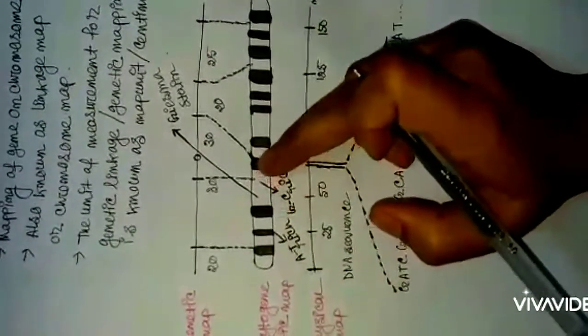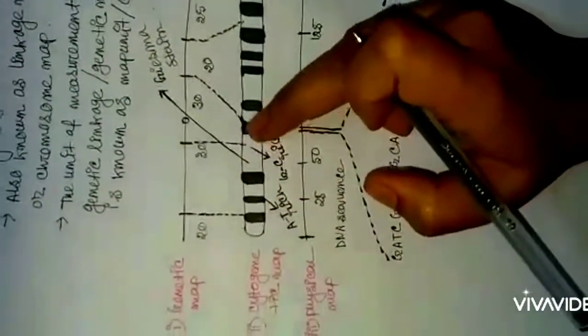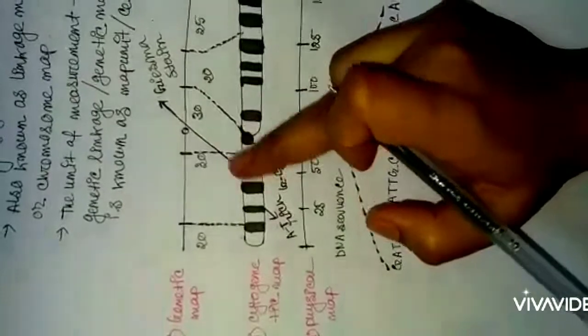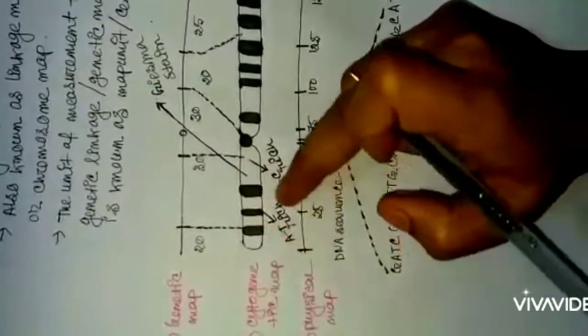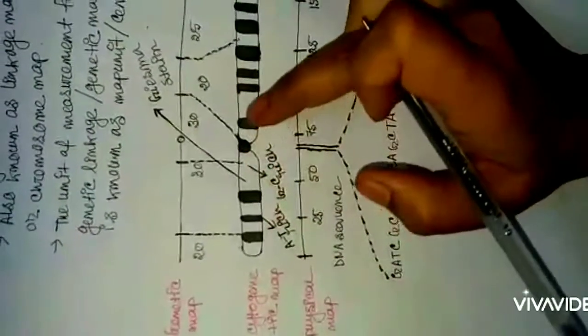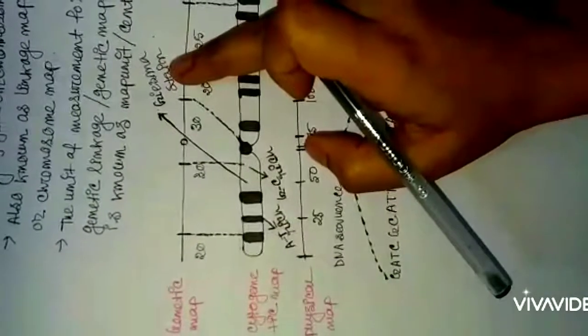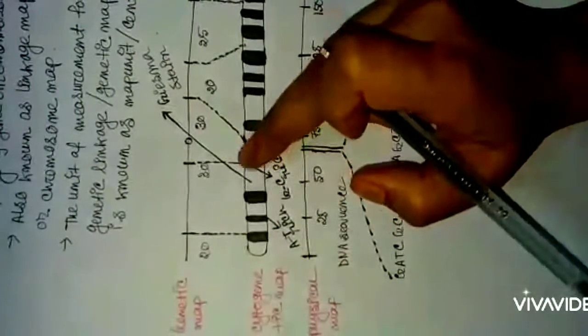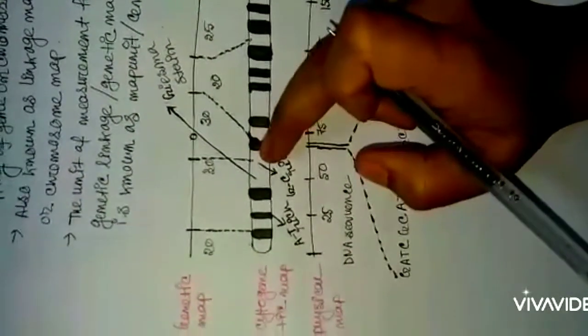So what are these light regions and what are these dark regions? So light regions are basically GC rich sequences and dark regions are basically AT rich sequences. So whenever we are staining a chromosome, the Giemsa stain will be unable to penetrate properly into the GC rich regions because they are more dense.